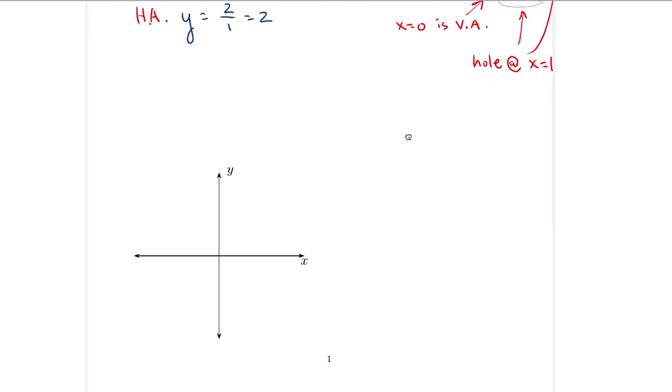All right, so let's put in some tick marks here. Remember that your tick marks don't necessarily have to be equidistant apart in terms of the x and y values, right? It's okay if you want to make the y tick marks closer together than the x, that's totally fine. Just know that it will look a little bit different than what you would see in the calculator.